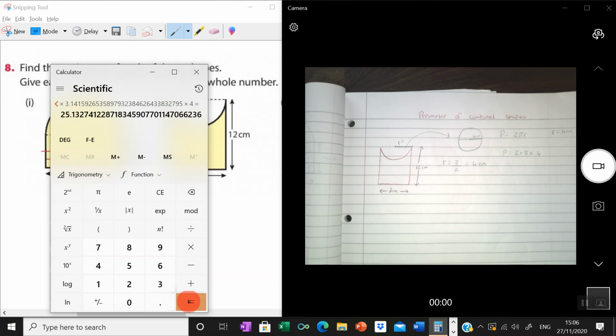And that is equal to 25.13. So this works out at 25.13 centimeters. And again, it's very important to use the units that are mentioned within the question.